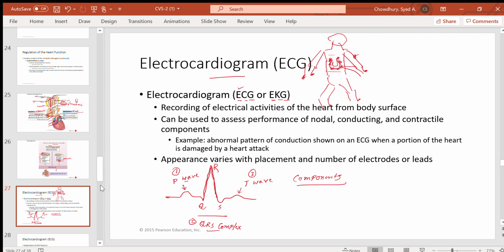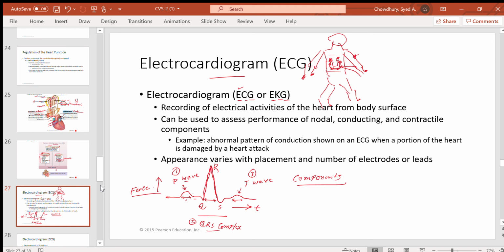And this way is the time, T, time, and this is the amplitude. This indicates the force of contraction. Okay, so we can measure both from the EKG, and we actually know how much time the P wave should take, how much time the QRS should take in normal heart function, how much time the T wave should take, what should be the duration of these, right?